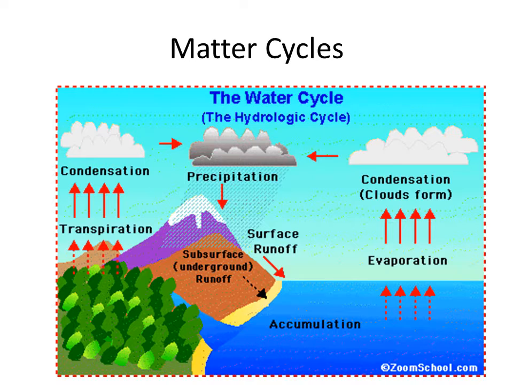So we said that energy flows through a system, and matter, what things are made of, cycles through systems. For example, most living organisms are made predominantly of water. This water, for example, in the ocean, evaporates, or goes from a liquid to a gas, and in the atmosphere, these gaseous water molecules can condense together to form a cloud.